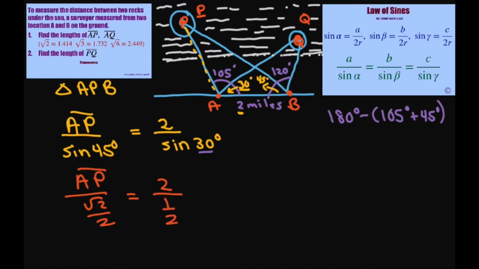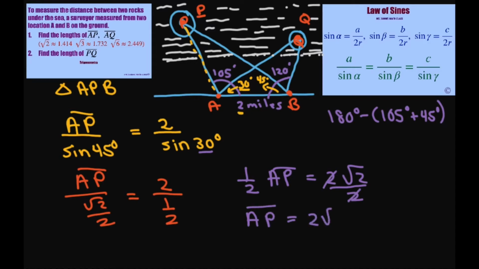So when you cross multiply, we're going to get 1/2 AP equals 2 times square root of 2 divided by 2. That means the length of AP, these cancel, equals 2 times square root of 2.